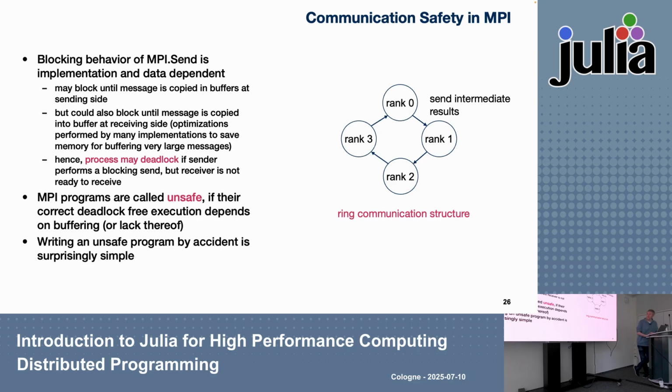This can happen if you have chains or loops inside of your structure of ranks or communication structure. This is similar to, maybe you heard of, the dining philosophers problem. Therefore, we have to make sure that this doesn't happen. And this can happen by accident.